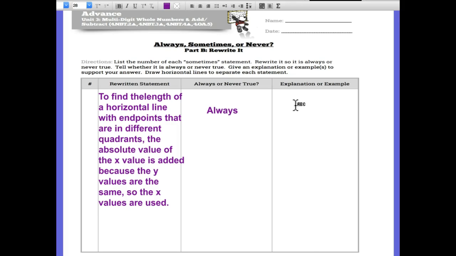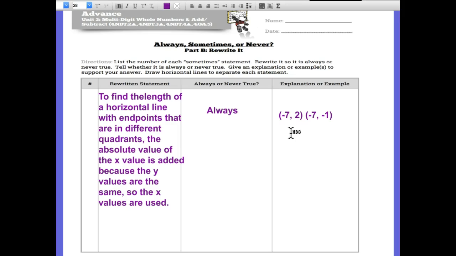And an example, if you had coordinate points of (-7, 2) and (-7, -1), your x values are the same.